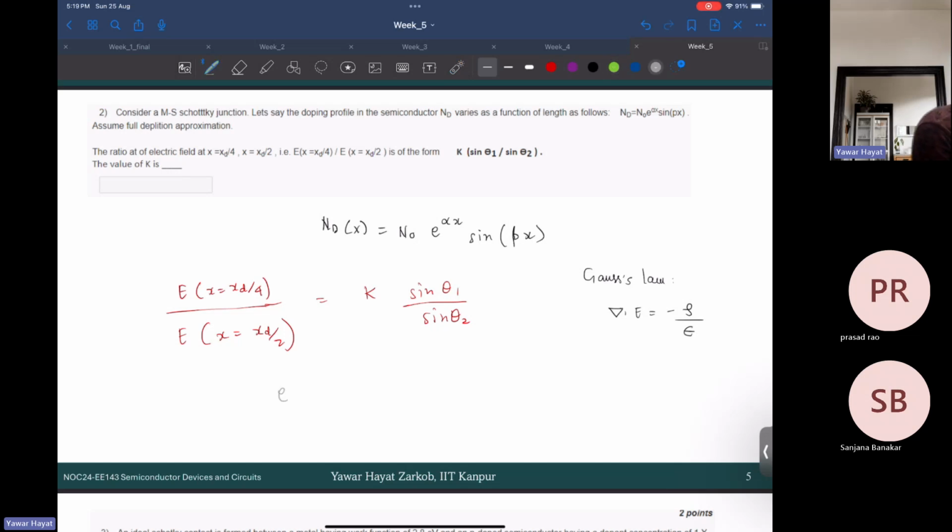Your e power x. What is the Taylor series for e power x? Can anyone at least type in the chat? Something that should be understood, right? Just type in the chat or just unmute yourself and let me know.